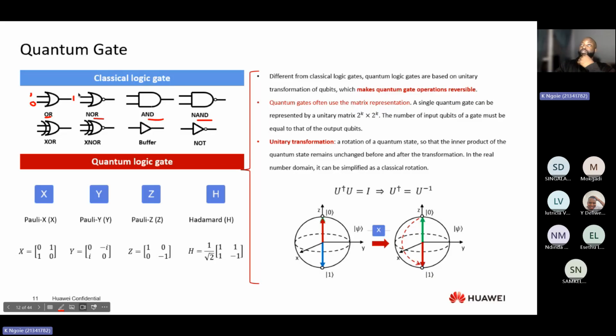So if we have 0, 0, the output will be a 1. Okay. So in the exam, the question can be, what's the output of a NOR gate if both inputs are 0s? So we know we're going to have a 1, only there. So this is the OR gate, and the NOR is the opposite of OR.